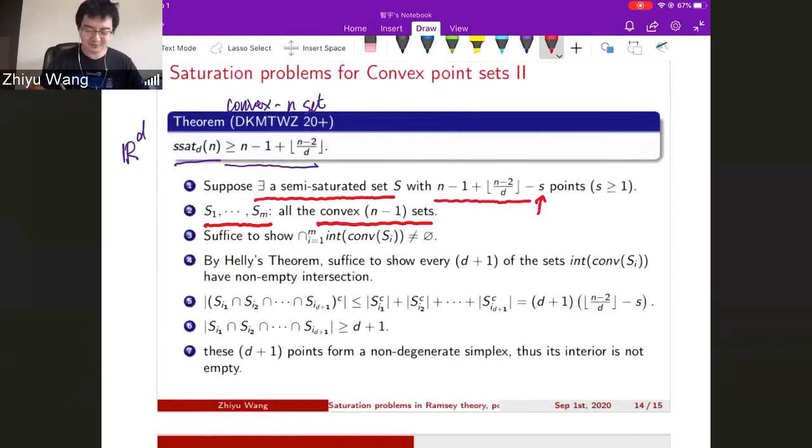It suffices to show that if we look at the convex hull of all of these F_i, look at the interior of the convex hulls, and take the intersection of all of them, it's not empty.